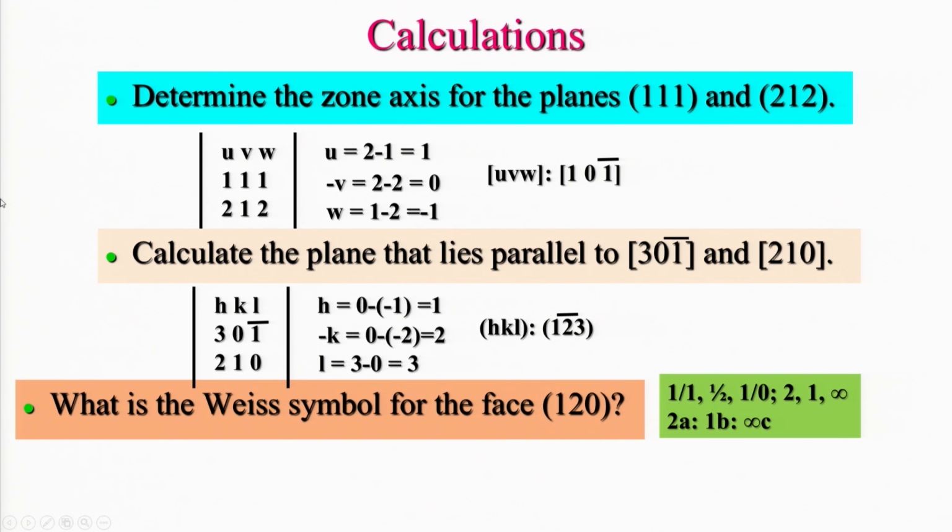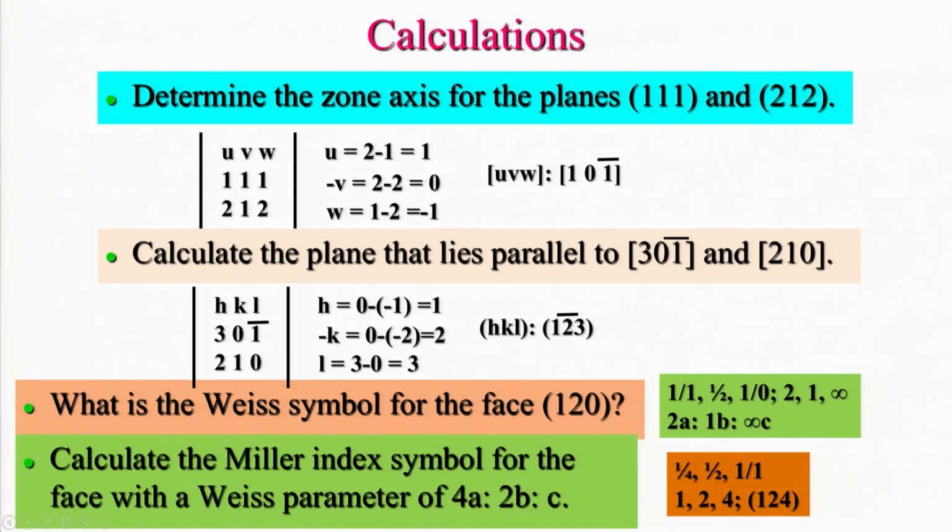So, the Weiss parameter symbol of this plane will be 2a, 1b and infinity c. Now, the Weiss symbol for this plane which has a symbol of 1 2 0, we have already done this.